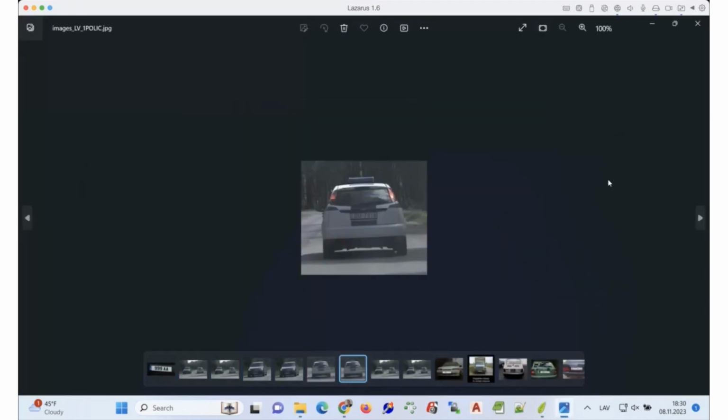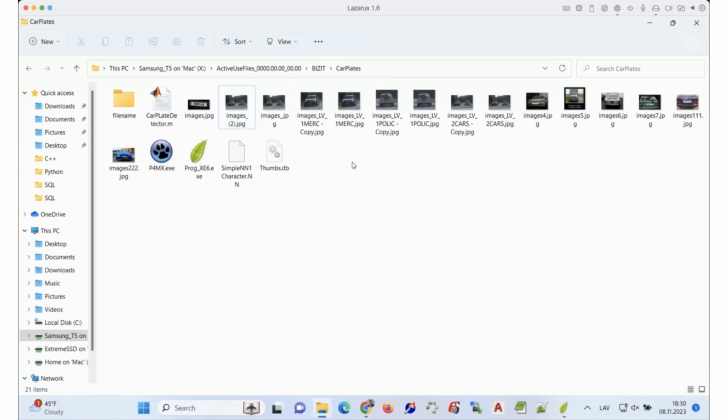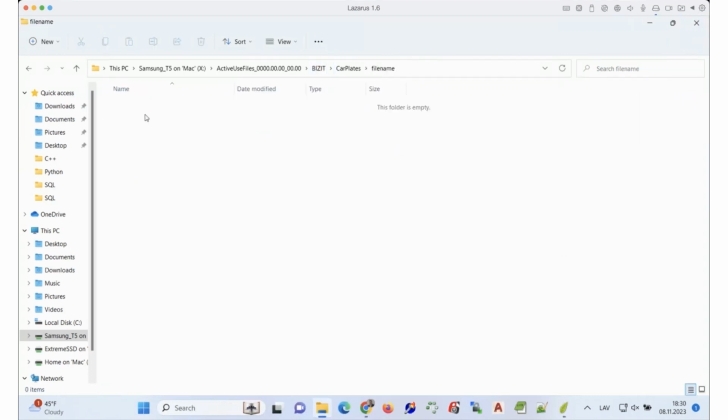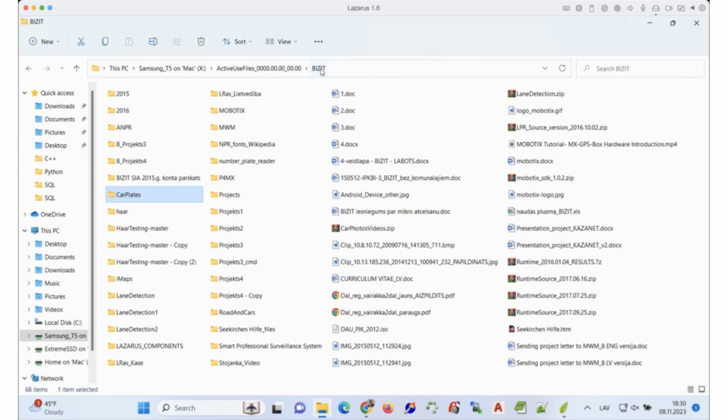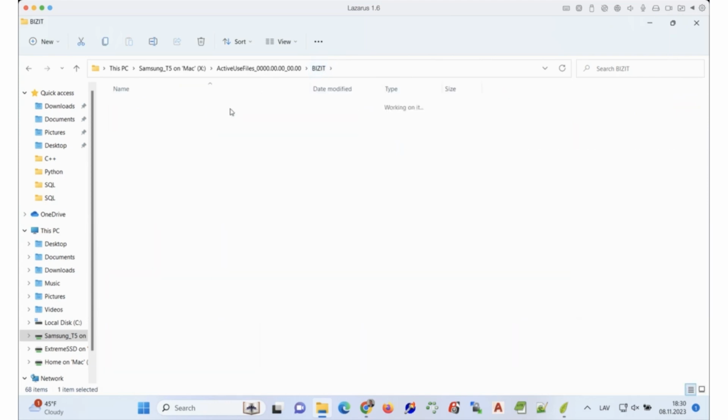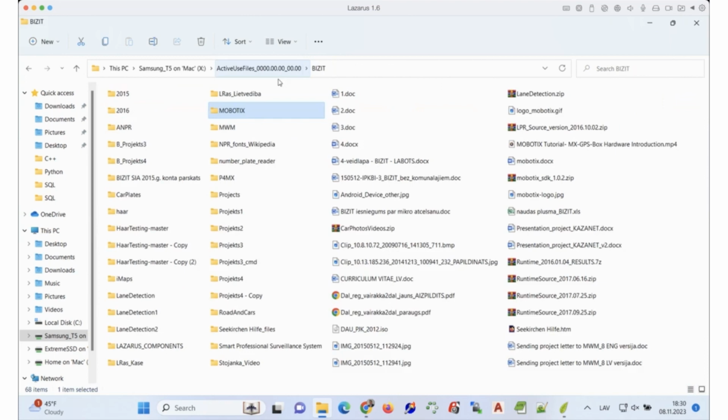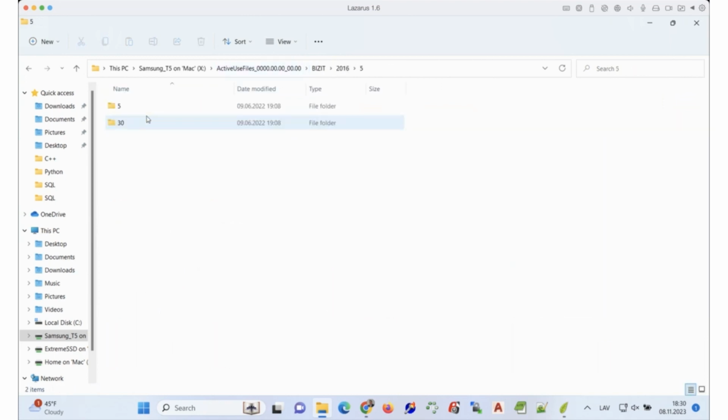And literally a lot of different things. Okay, what is here related to a file name? Okay, well. Anyways, a lot of interesting things were done some time ago.